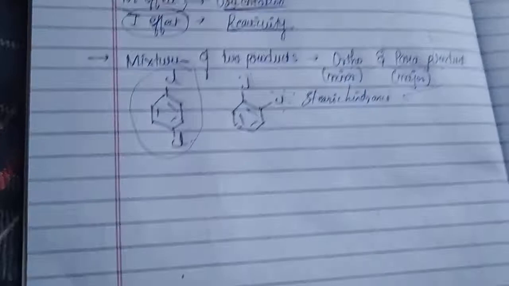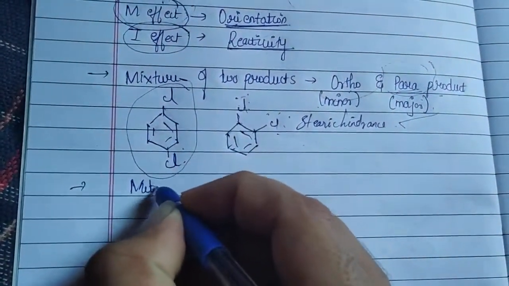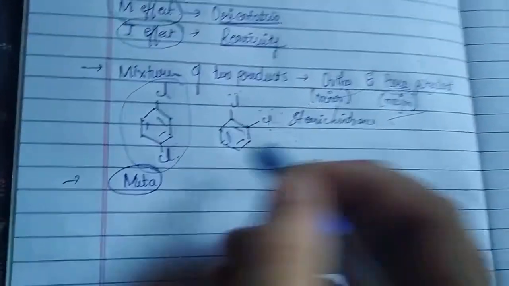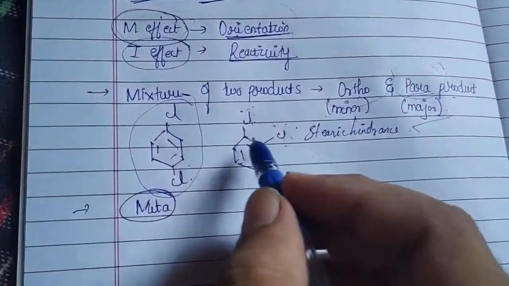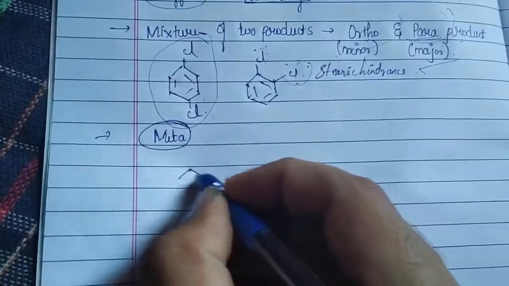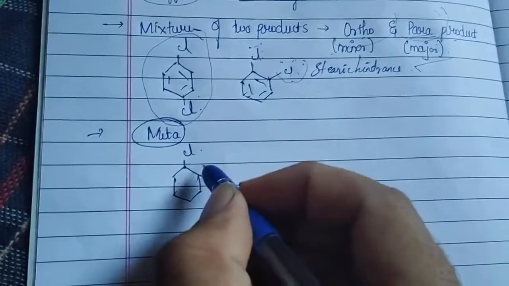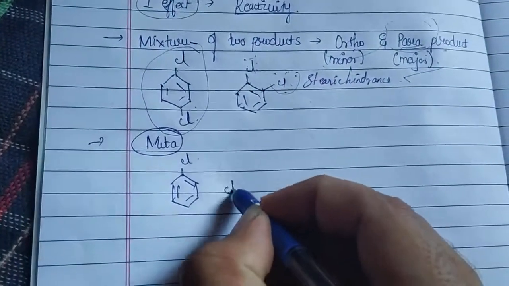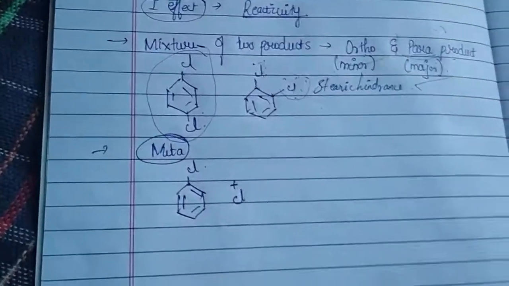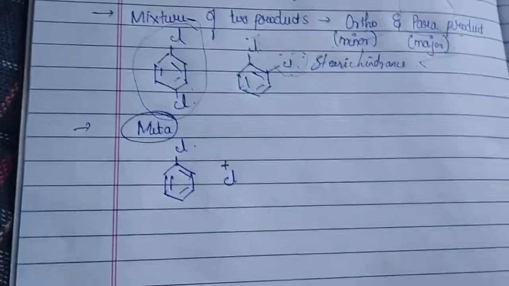So once again the question arises: why is the meta substituted product not stable? Do remember, guys, what happens. Whenever an electrophile, for example, if I check this one, here is my Cl, and this was chlorobenzene. Here, for example, I am doing a halogenation reaction, and I am going to get a chloronium ion, that is, Cl having a positive charge.